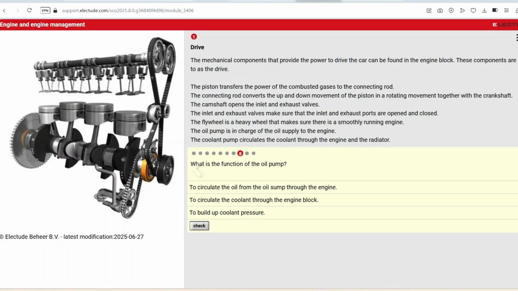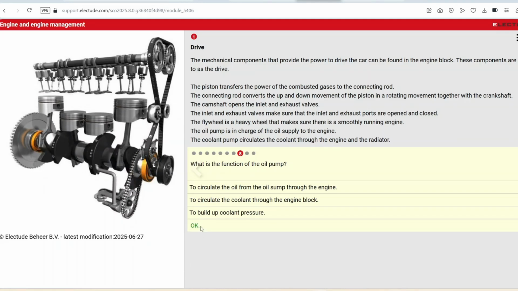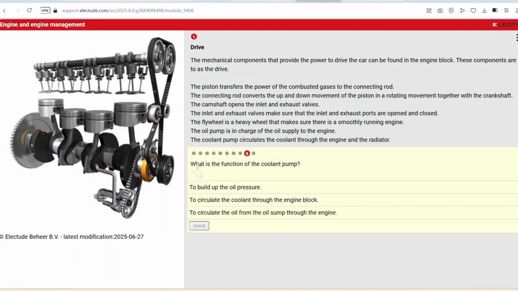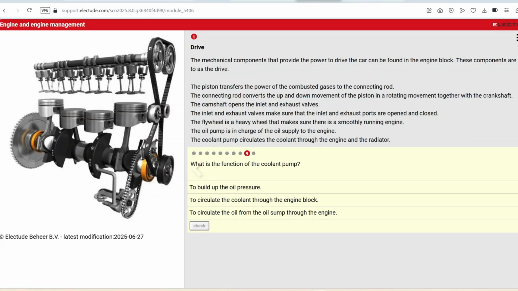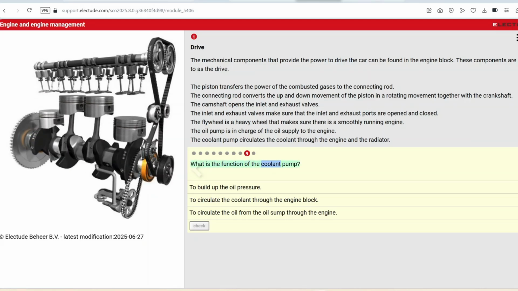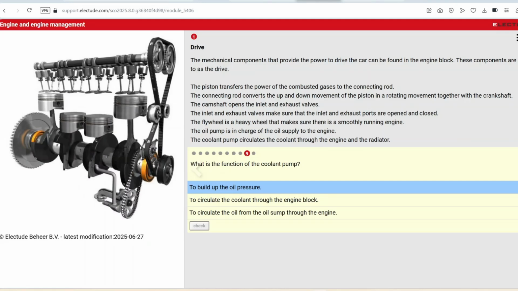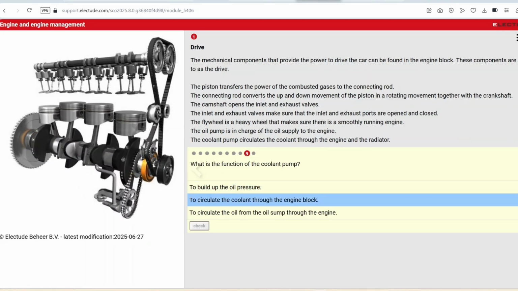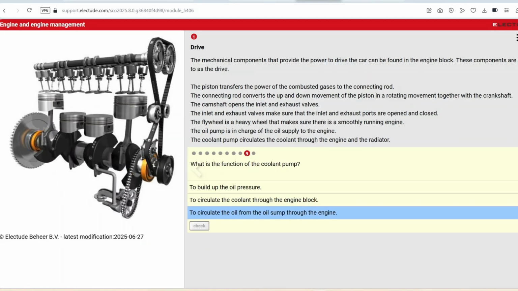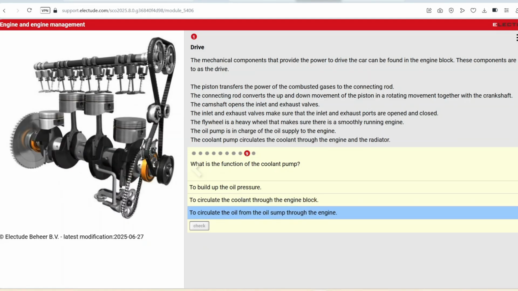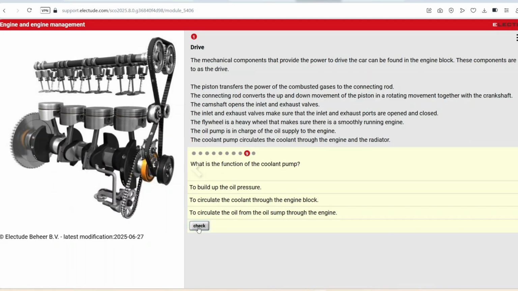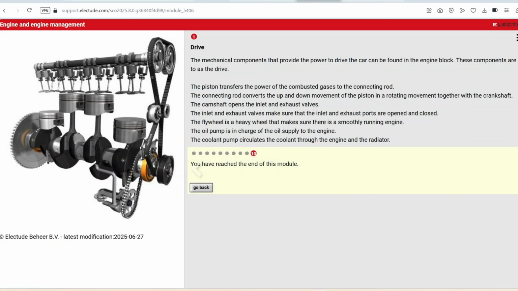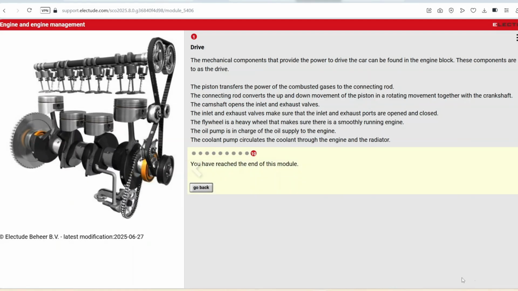So I'll choose false and even false here. So that's right. And then finally, what is the function of the coolant pump? To build up the oil pressure. I don't think so. To circulate the coolant through the engine block. I believe so. To circulate the oil from the oil sump through the engine. No. So check, I'm correct. And that looks like the end of this module.